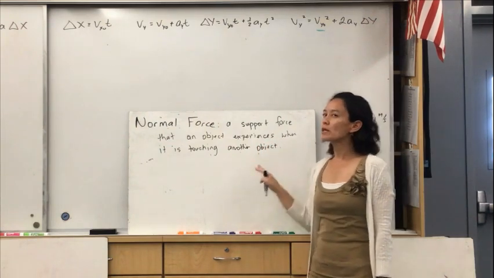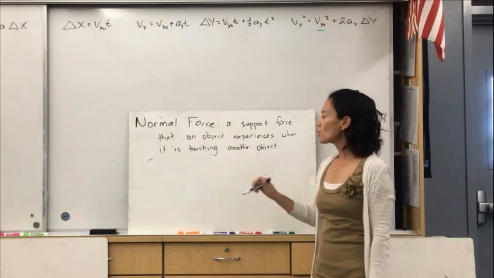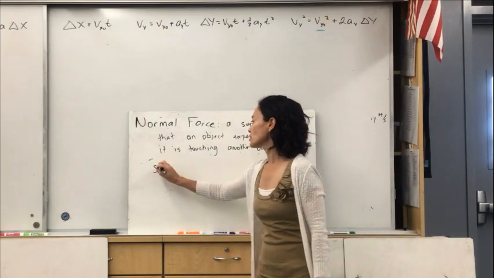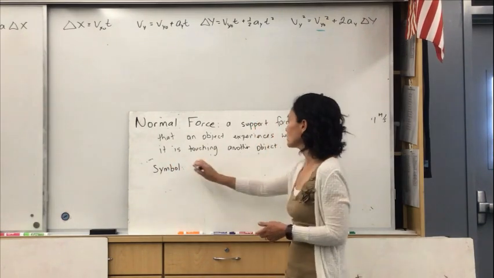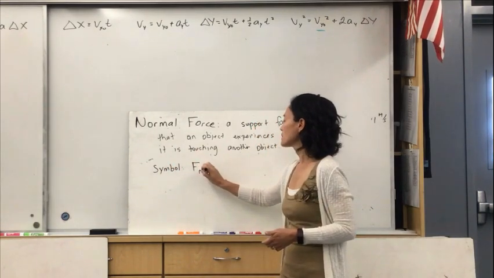So this one is a little bit more abstract, but the normal force is, let me do the symbol first, and then I'll do a little diagram. The symbol is F sub n.